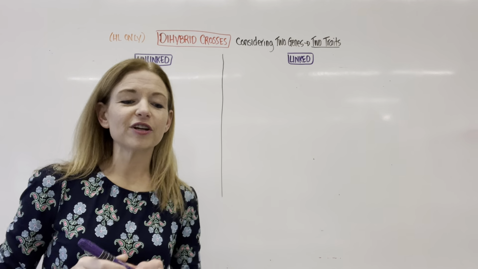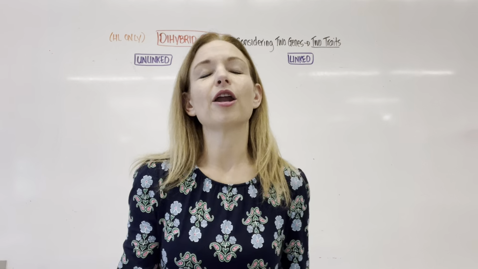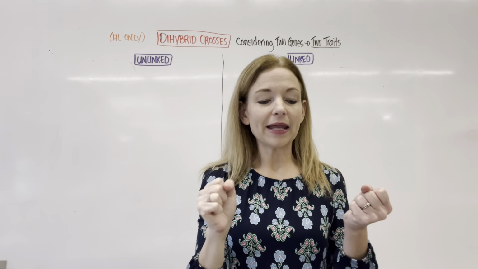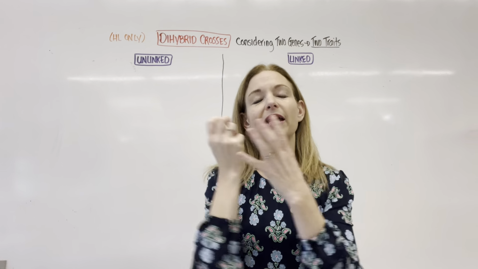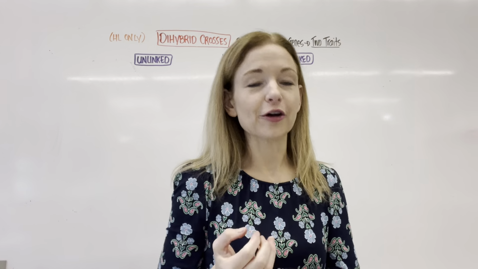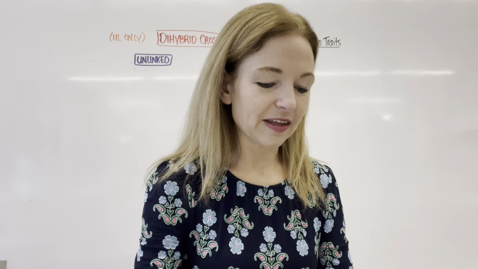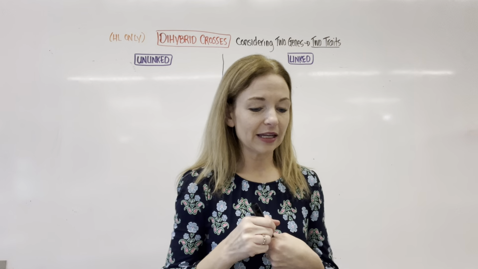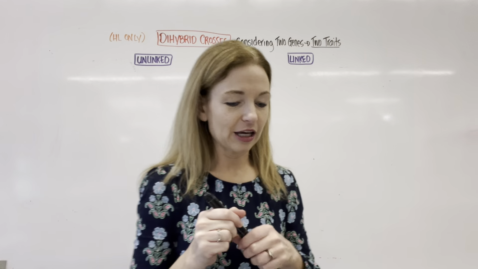Okay, so if we have two different genes, basically we're looking at, do they act independently of one another, or do they in some way stick together? So we're going to look at the idea that these are genes that independently assort.